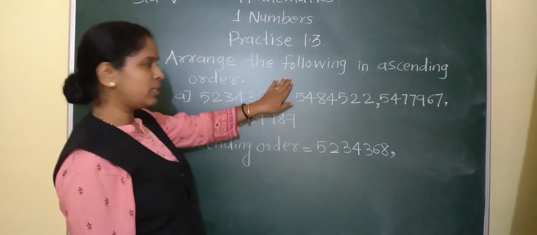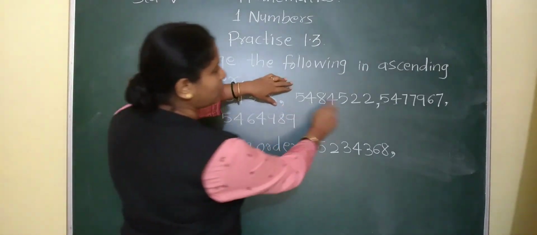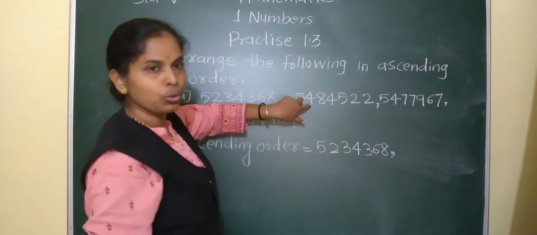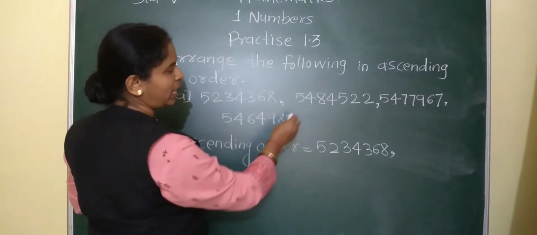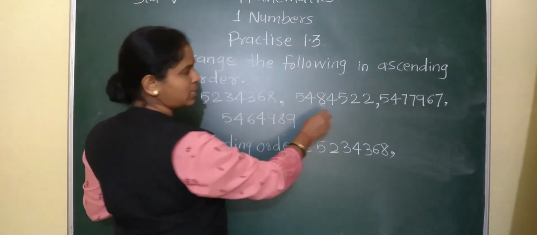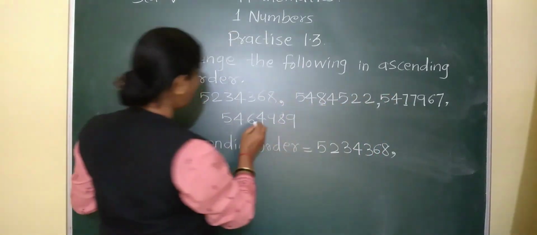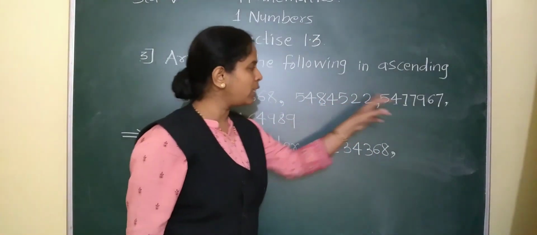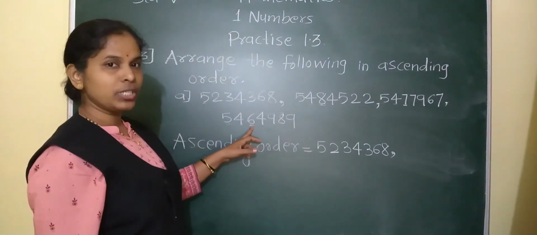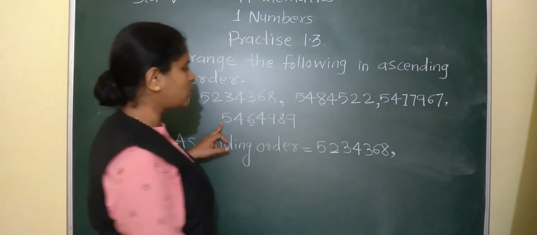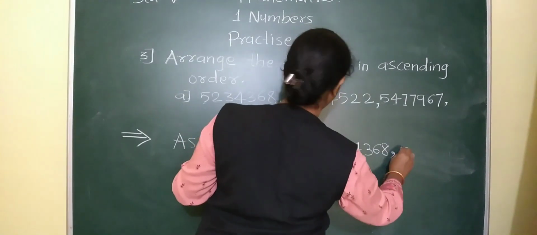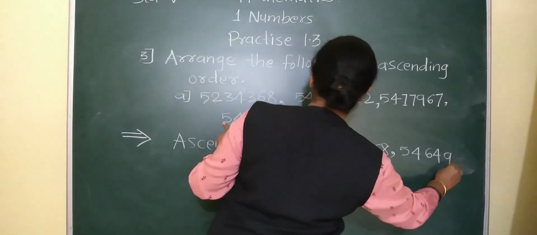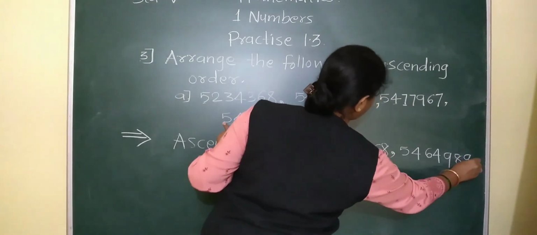Now, this number is over. Now, the remaining 3 numbers we have to compare. In the other 3 numbers, the first 2 digits are the same. So now, next is here, third place, 8 is there. Here 7 is there. And here 6 is there. Correct? See, 8, 7 and 6. So, which is the smallest one? 6. So, this will come at second place. Okay.